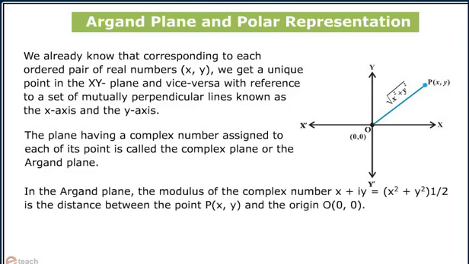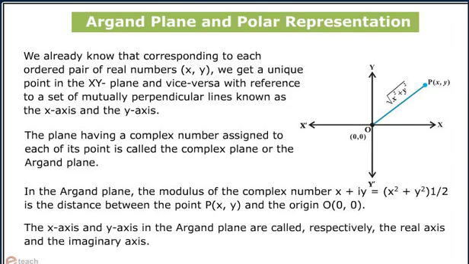In the Argand plane, the modulus of the complex number x plus iota y, equal to under root of x square plus y square, is the distance between the points P(x, y) and the origin O(0, 0). The x-axis and y-axis in the Argand plane are called respectively the real axis and the imaginary axis.